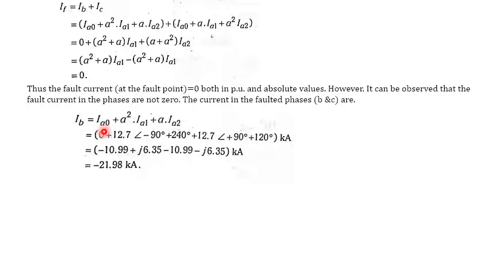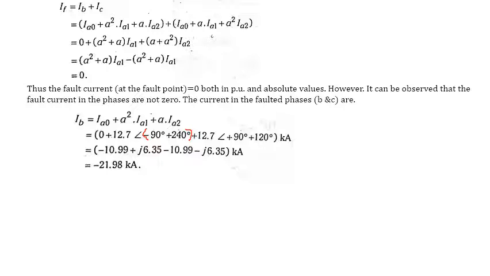What is IA0? It is 0. We got the IA1 value as 12.7 at an angle of minus 90 degrees. What is A square? A square has an angle of 240 degrees. And we also got the IA2 value, where IA1 is equal to minus IA2.